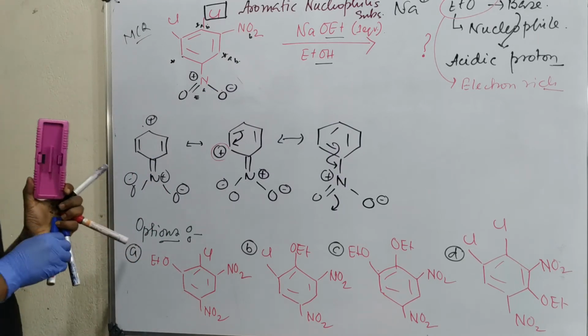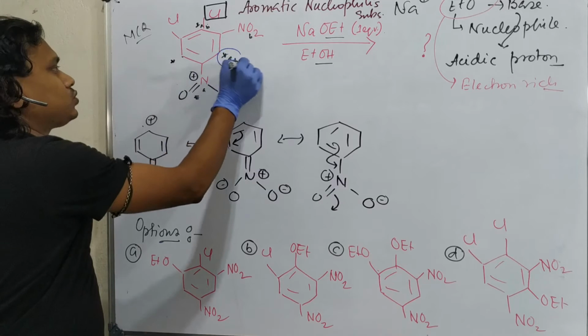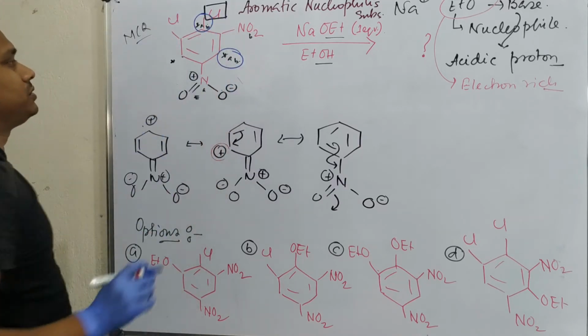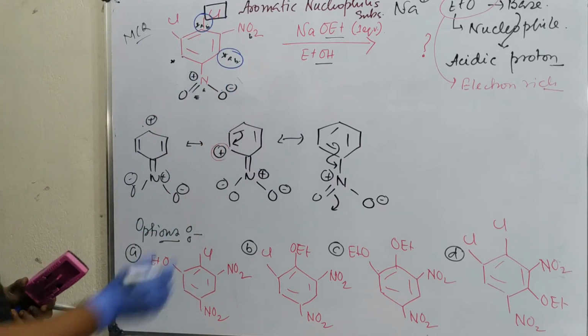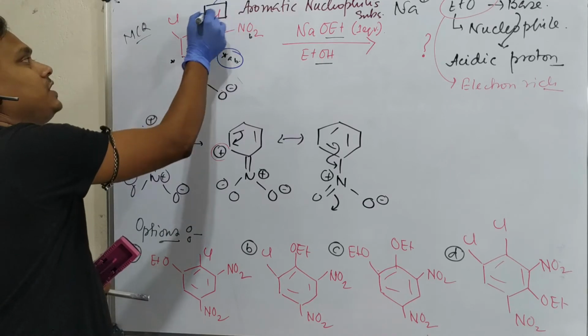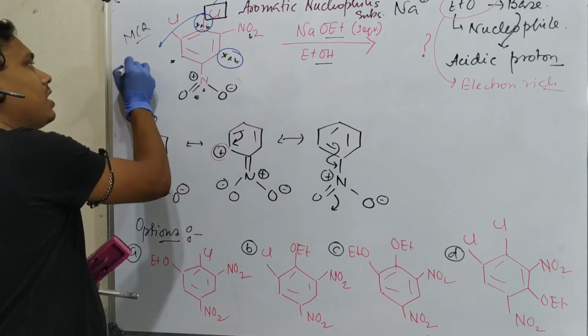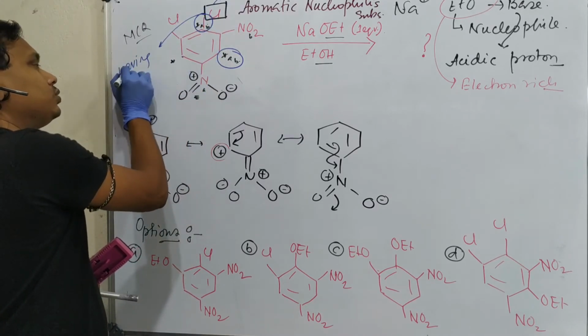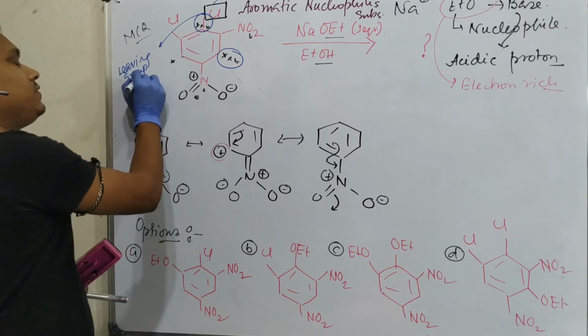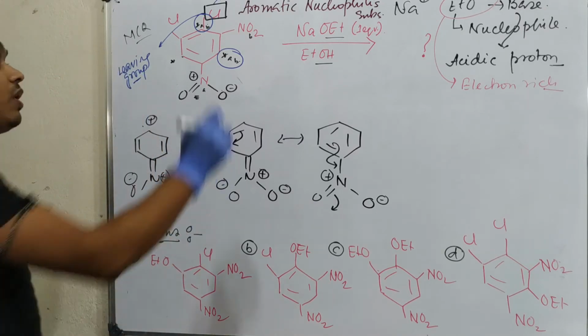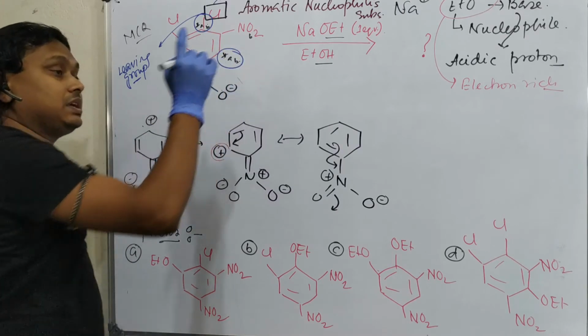Please focus. These two positions are common, and interestingly, this position contains a leaving group. So since it has a leaving group, the nucleophilic attack will occur here, not here.